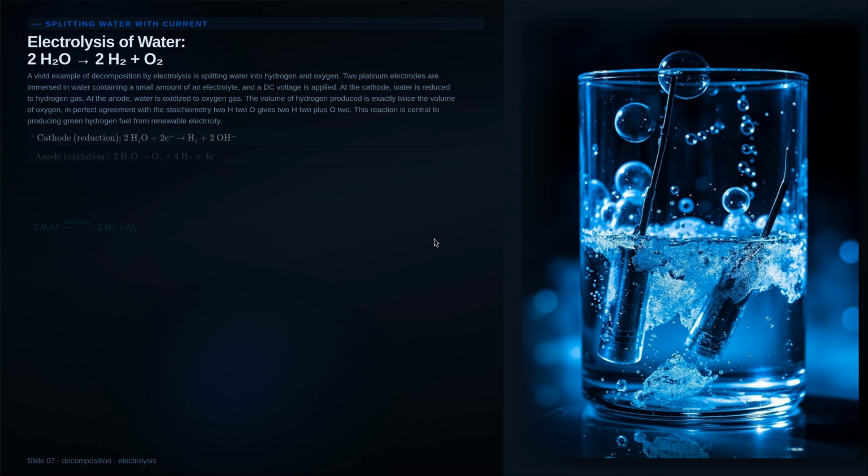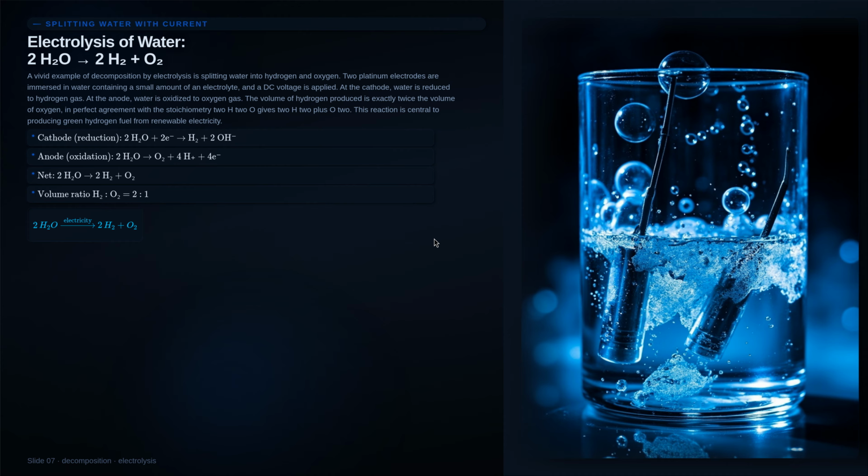The image shows the electrolysis of water, a textbook decomposition reaction. An electric current passes through water containing a small amount of electrolyte, and the water molecule splits into its 2 elements. The balanced equation is 2H2O liquid yields, with electrical energy, 2H2 gas plus O2 gas.